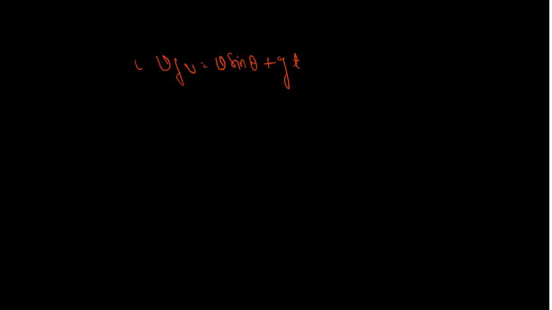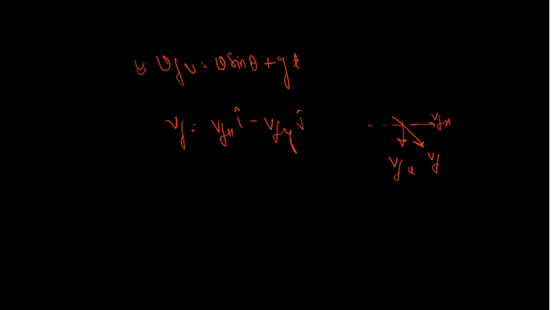So ideally, when the object is reaching the ground, it is moving in this direction, v final. This was your horizontal component and this was your vertical component. Now v final will be the v final horizontal component i minus the v final vertical component j. You can also calculate its magnitude.